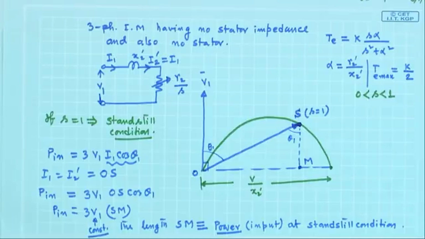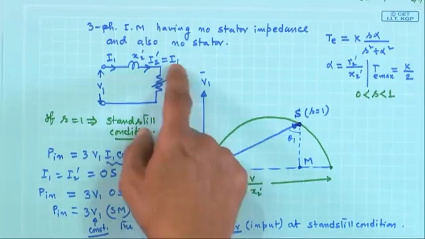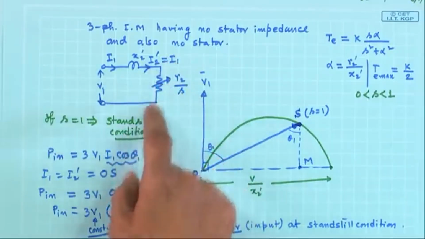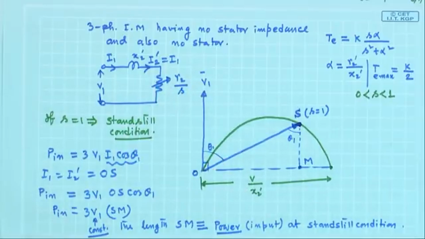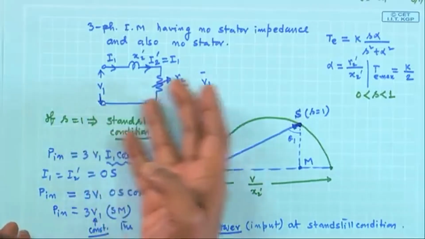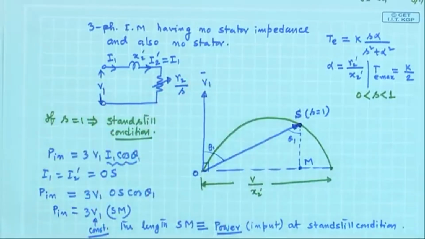At S equal to 1, slip equal to 1, this will be the air gap power, and this itself also will be the copper loss in the rotor, and there will be no output mechanical power because the rotor is not moving. So, everything is fine. Input power itself becomes your air gap power.